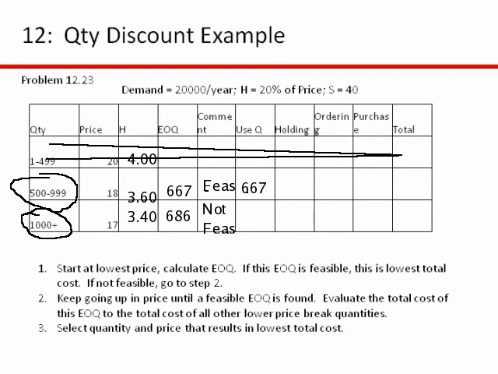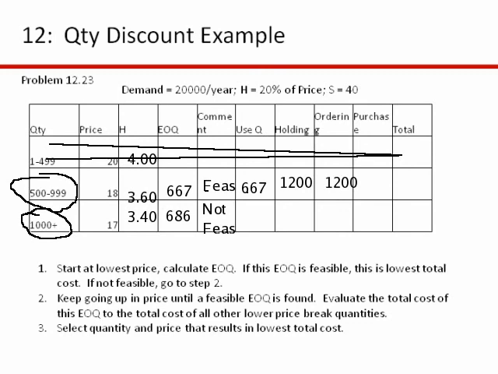And then the ordering cost is going to be the demand of 20,000 divided by 667 times the ordering rate, which was 40. So that's going to give us $1,200. And this makes sense because we know at the EOQ, our ordering and our holding costs are equal.